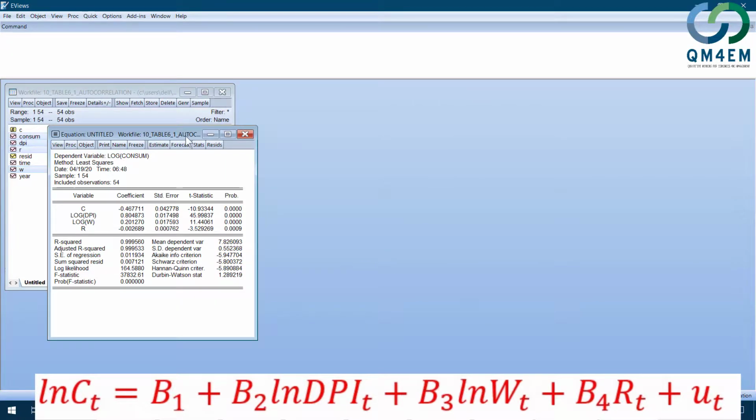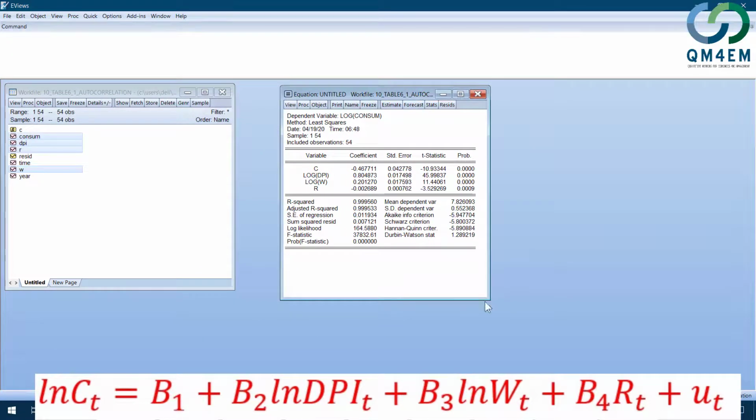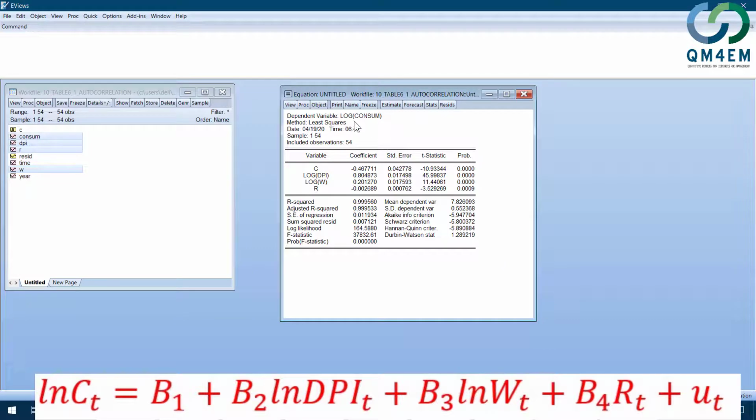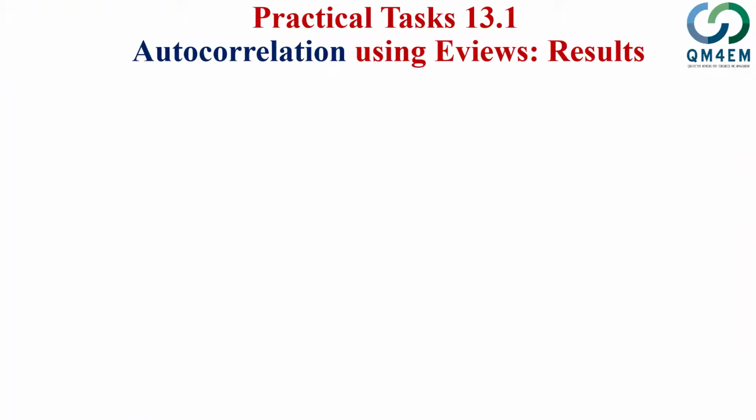And when I press OK, the model has been run, and as you can see, the result, the log of consumption is being regressed on the log of disposable personal income and the log of wealth, all variables being expressed in real terms. Okay, so now I will switch to the slide again to discuss it.